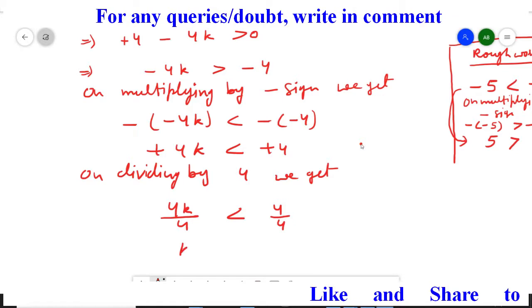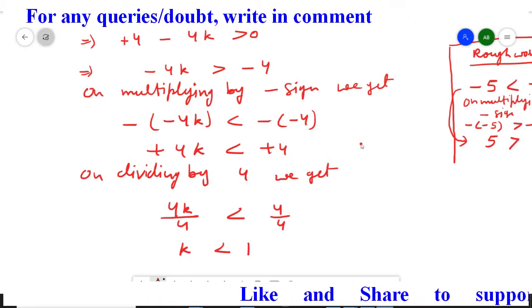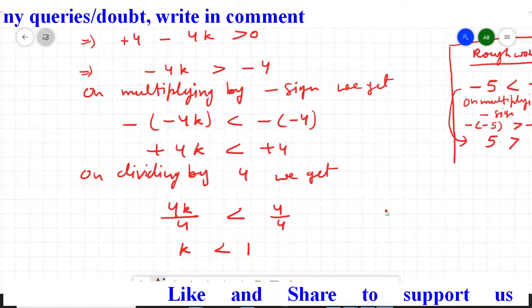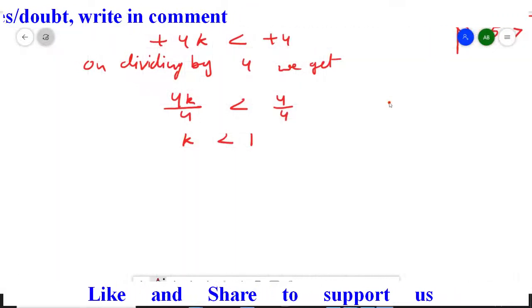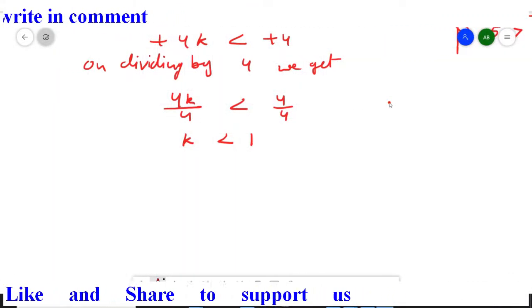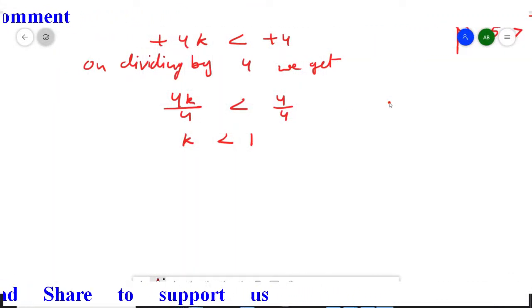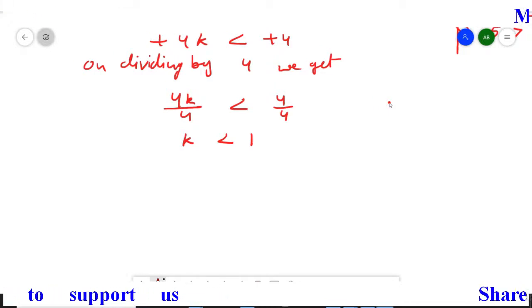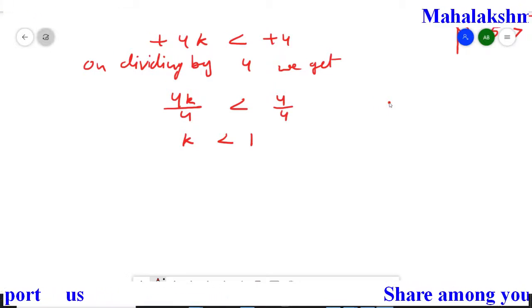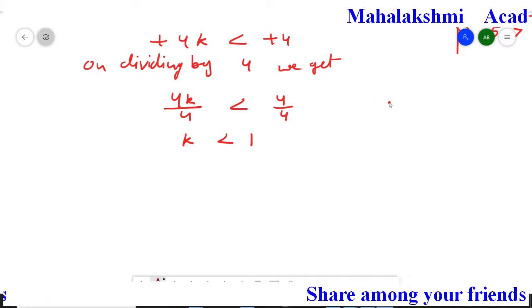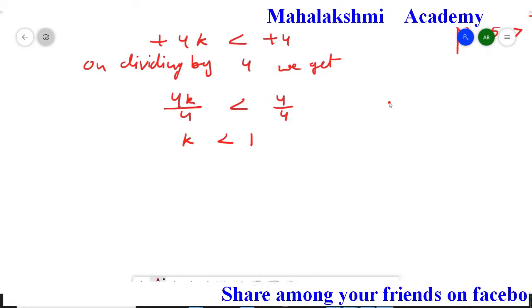So we get k less than 1. That's our answer. So what's the conclusion here? All the values of k which are less than 1. Less than 1, many values are there like 0, minus 1, minus 2, minus 3. So unlimited values are possible for k.